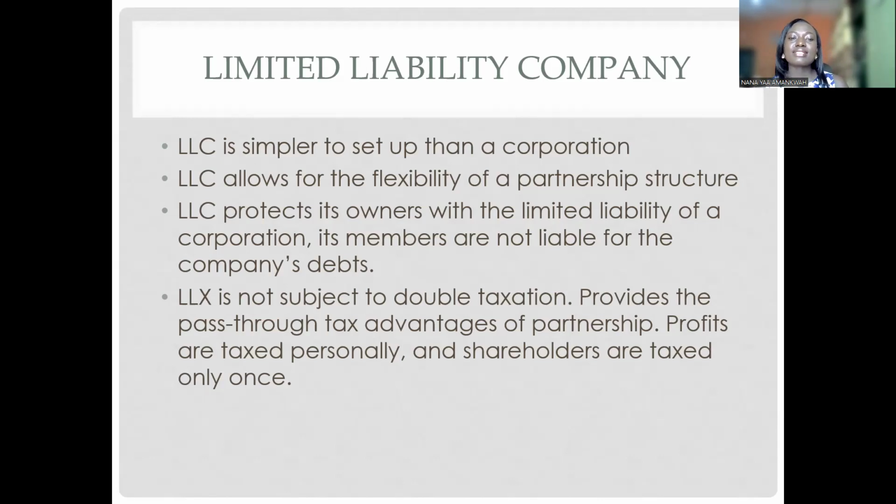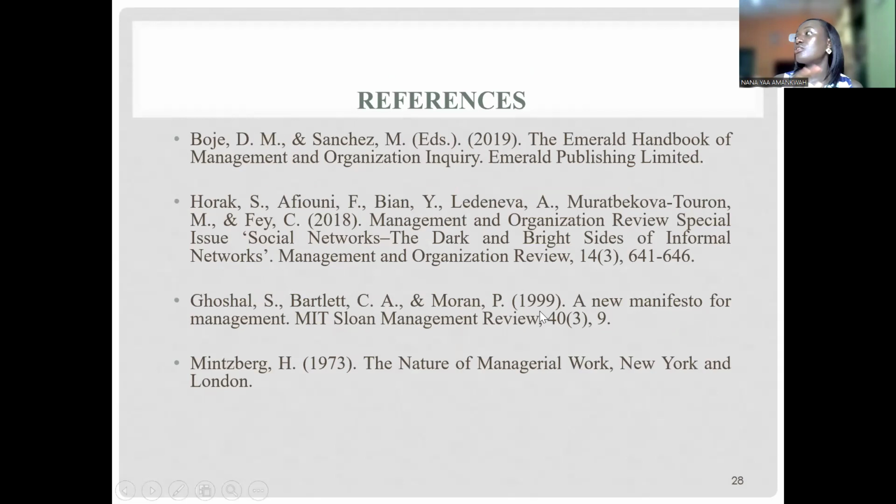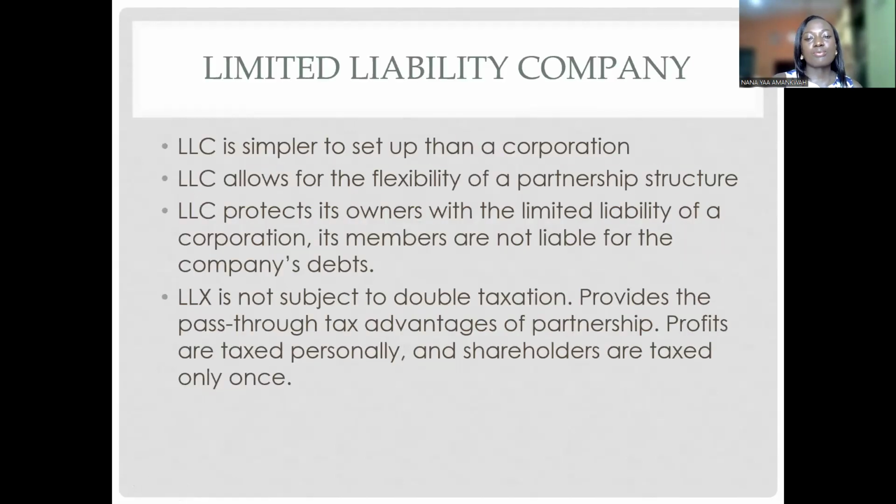So whenever there's a debt in the company, you, the partner in an LLC, are not liable. And it's not subject to double taxation. It provides the pass-through tax advantages of a partnership. I told you earlier that it's a combination of partnership and corporation, and most of the time shareholders are taxed only once.